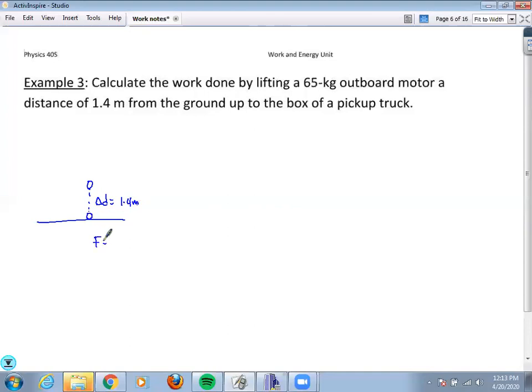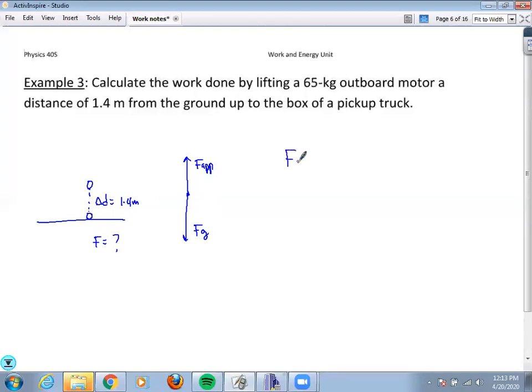With the force, we don't know what the force is. So if we think about it, the outboard motor would have its weight pulling down, Fg, and to actually pick it up and lift it, you would have to apply a force opposite to the weight.